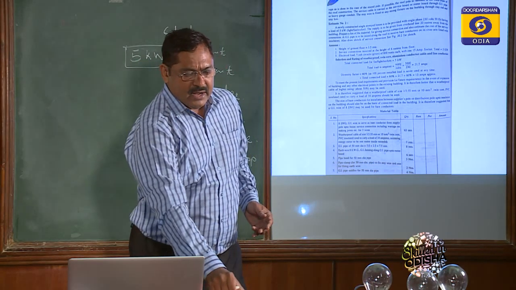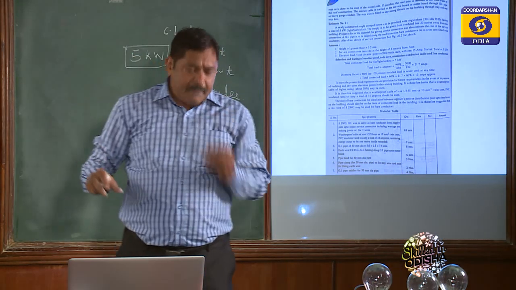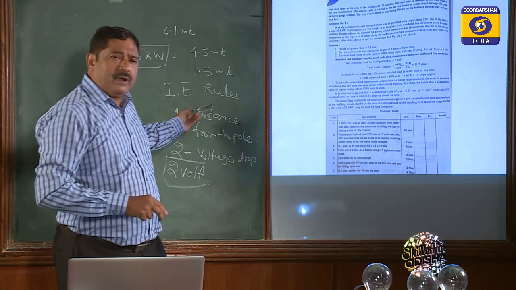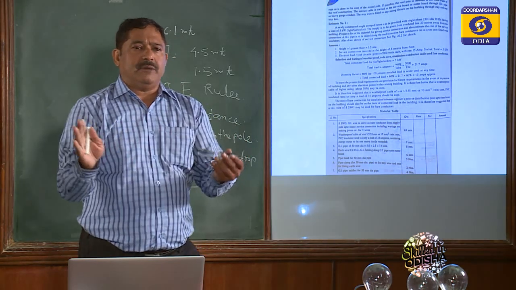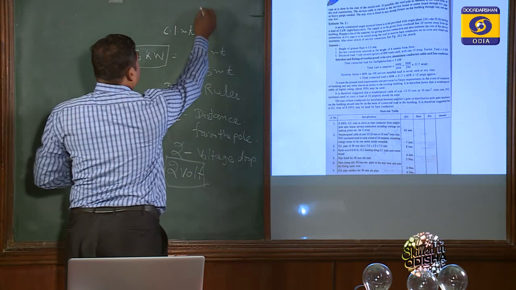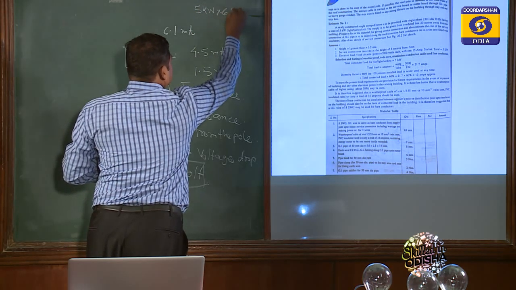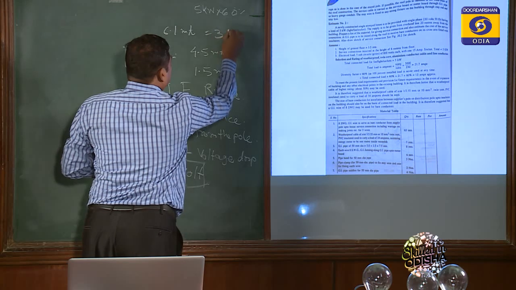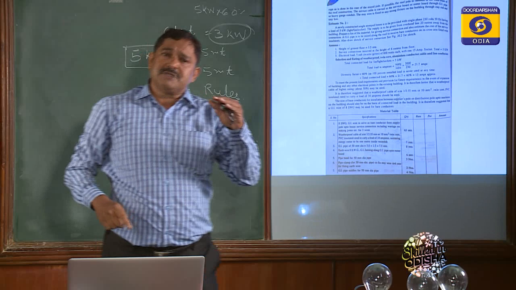If you calculate the total fan and light points of a household and it comes to 5 kilowatt, then we assume that at any point of time only 60% of these fans and lights are on. So total load at any point of time, 5 kilowatt into 60%, comes to 3 kilowatt. So we have to calculate the conductor size as per 3 kilowatt.